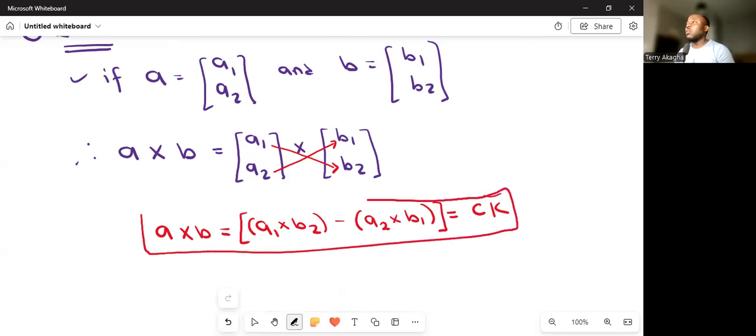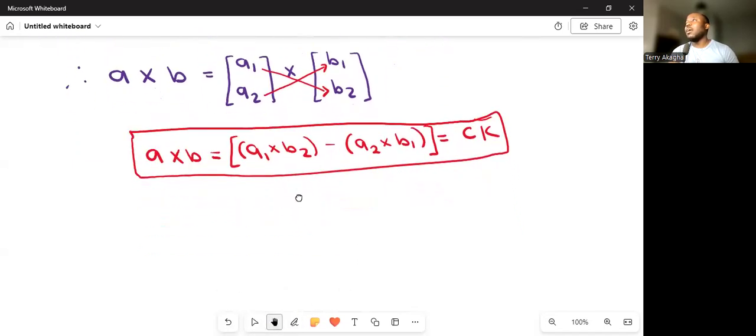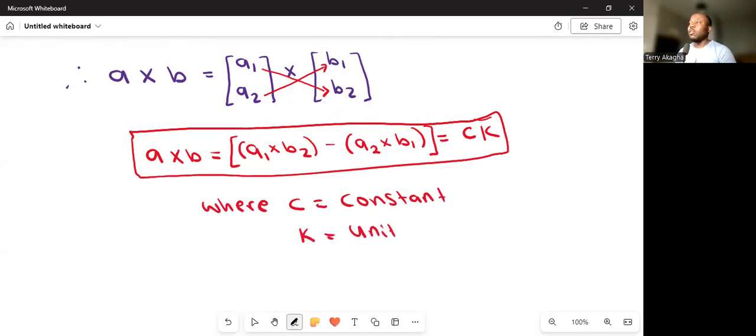Okay? So in this case here, the C will be equal to the constant, and the K is going to represent the unit vector.